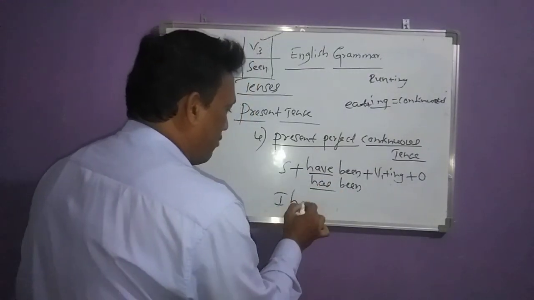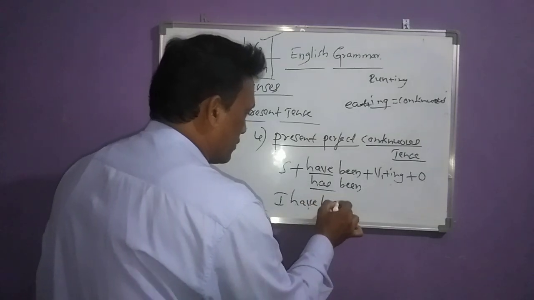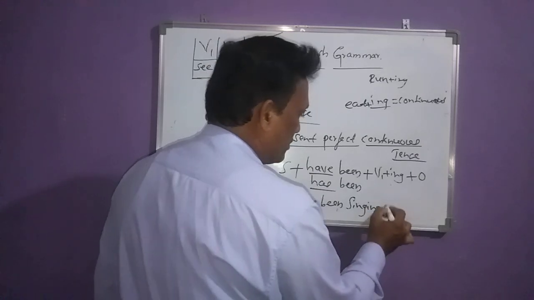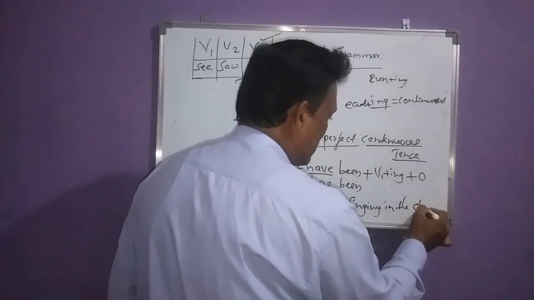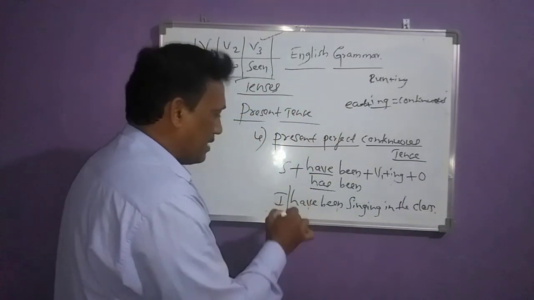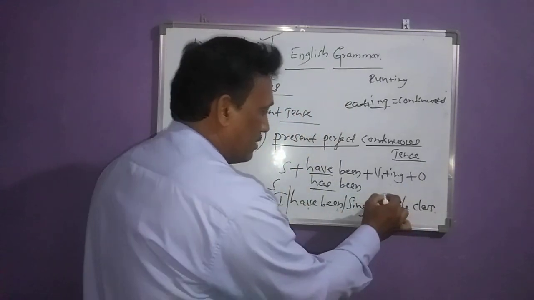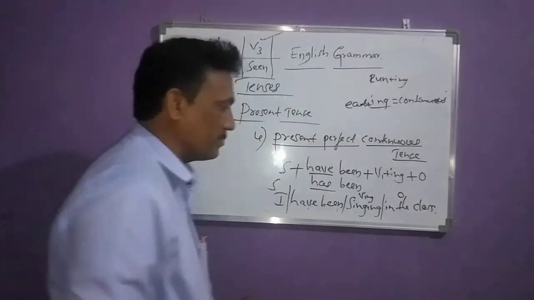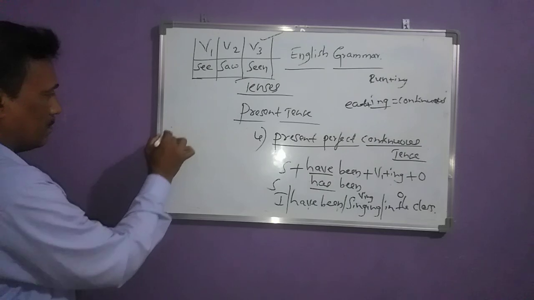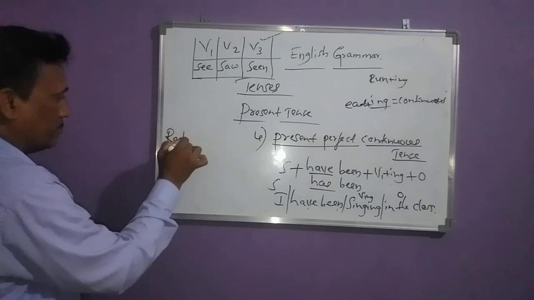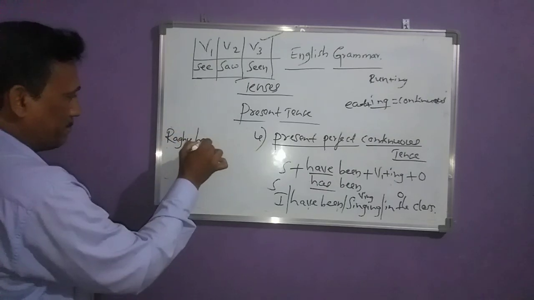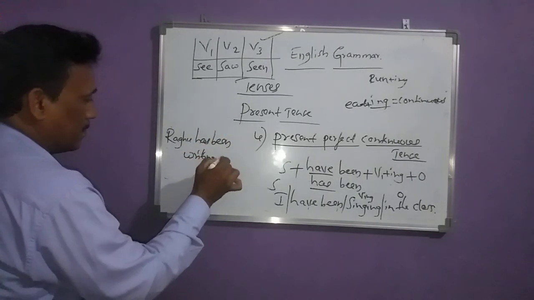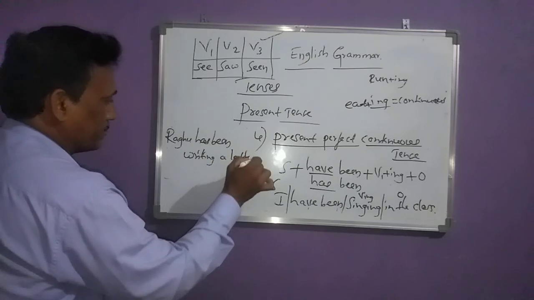So, I have been singing in the class. I is the subject, have been singing is V1 plus ing, in the class is the object. Another example: Raghu has been writing a letter.